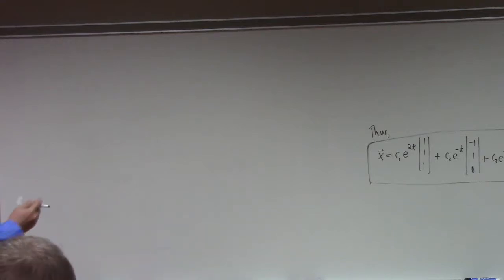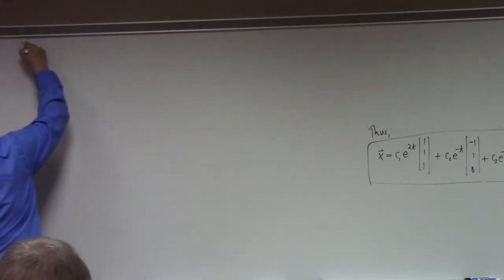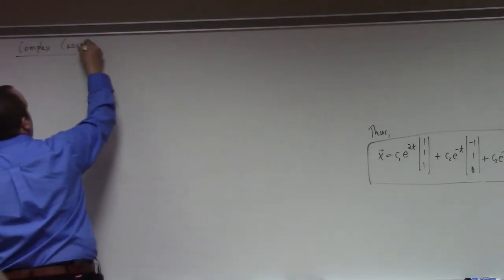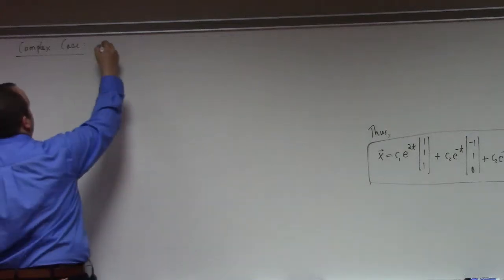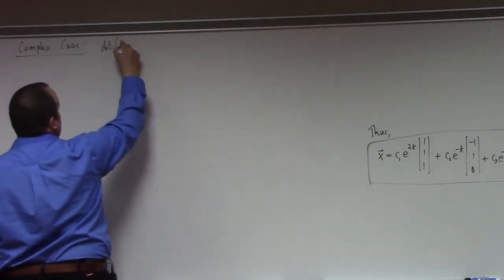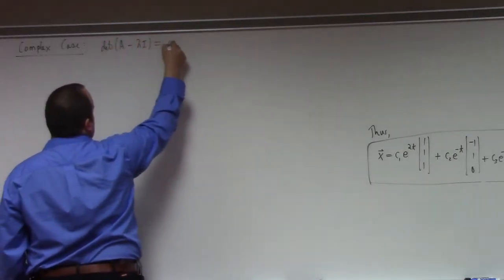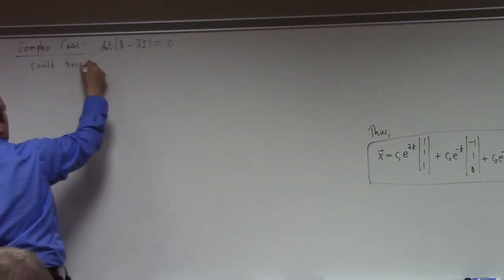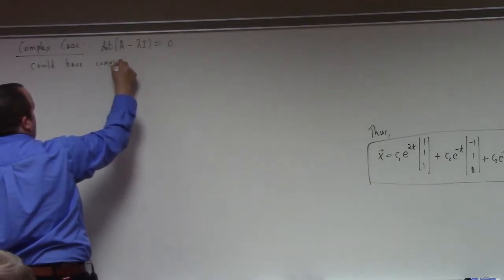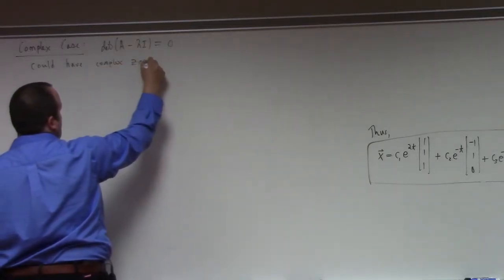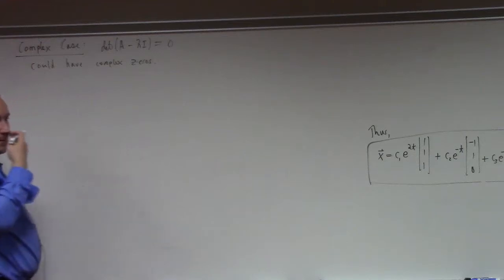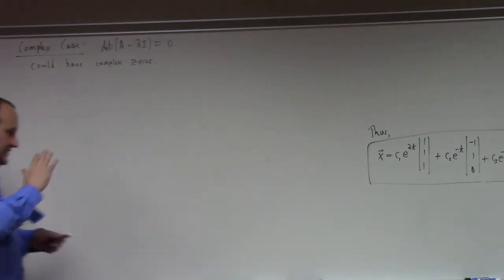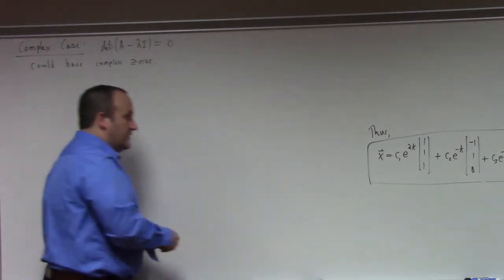Where are we? Okay, so complex solutions. If you think about it, the determinant of A minus lambda I equals 0 could have complex zeros, right? So what do we do with those? First of all, let me just put us on the right path.